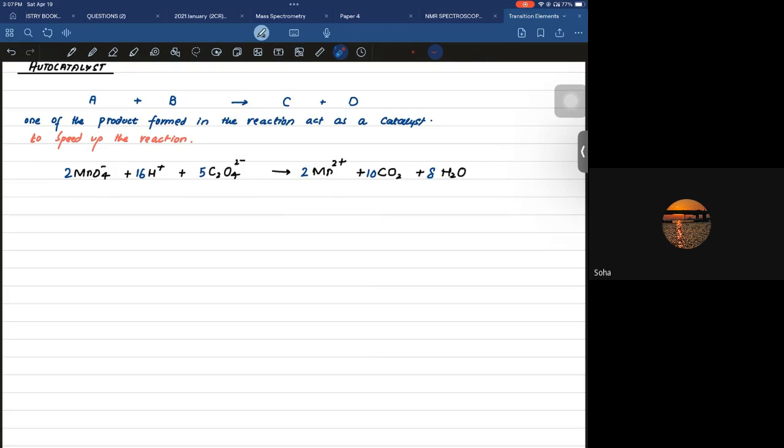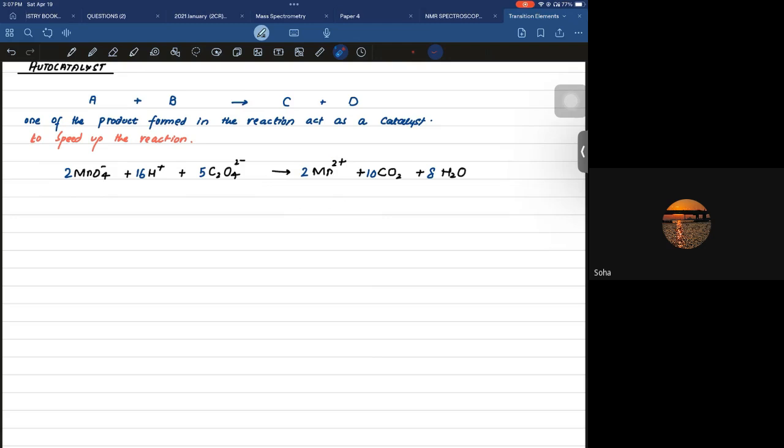Same goes with hemoglobin. It's an iron 2 complex, of course, with a polydentate ligand, and oxygen binds reversibly with iron 2 plus. Of course, this is a ligand exchange reaction. So the oxygen in hemoglobin is replaced by carbon monoxide with stronger dative bonds.